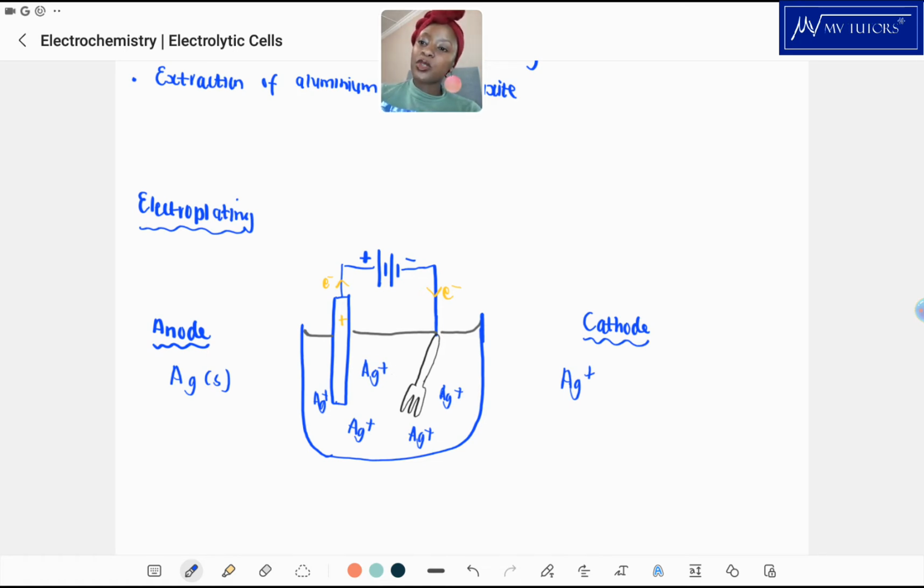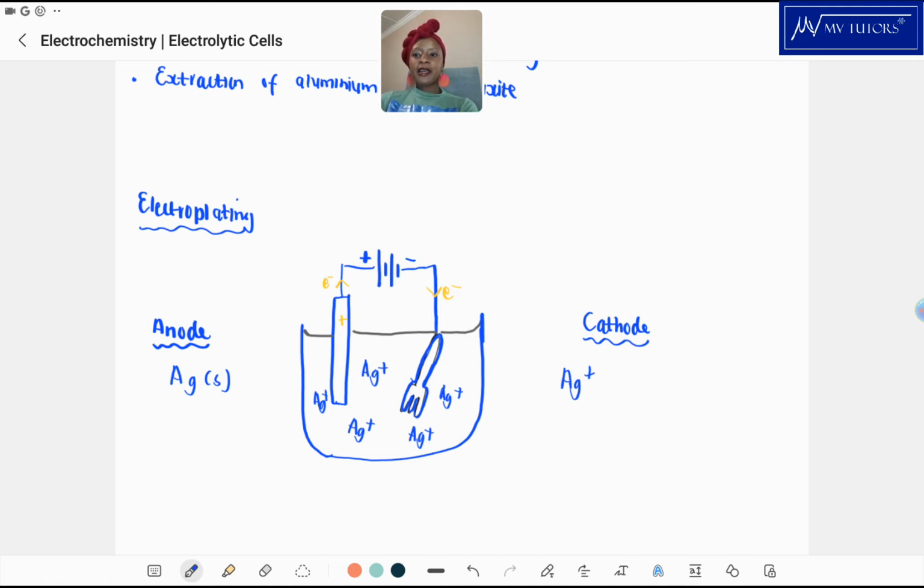I use the fork here. Around your fork, you will then start having the silver surrounding or plating the fork. So let's talk about the fork.